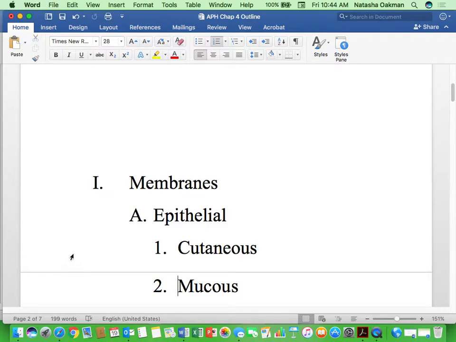The connective tissue portion is loose connective tissue, a specific type of loose connective tissue called lamina propria.